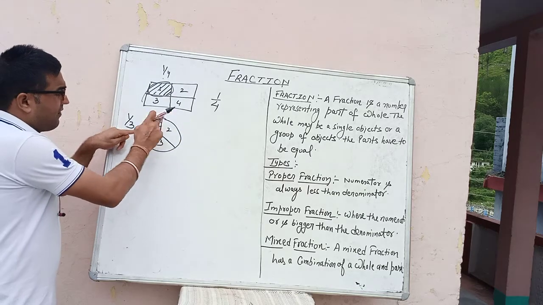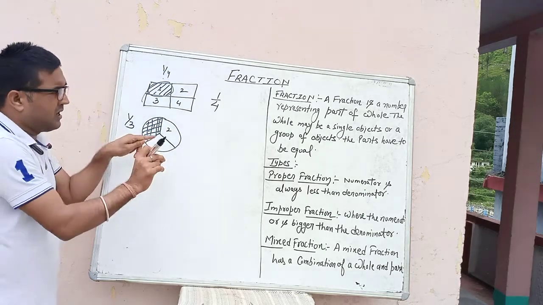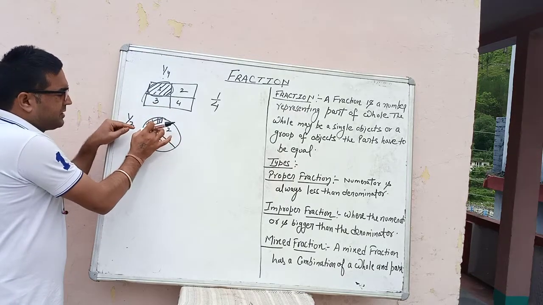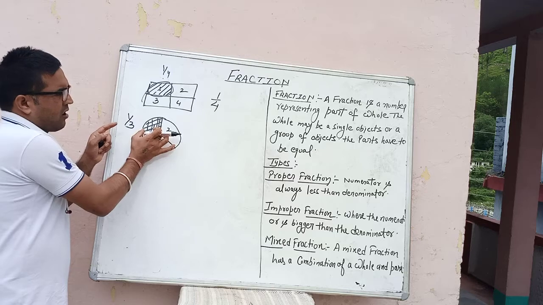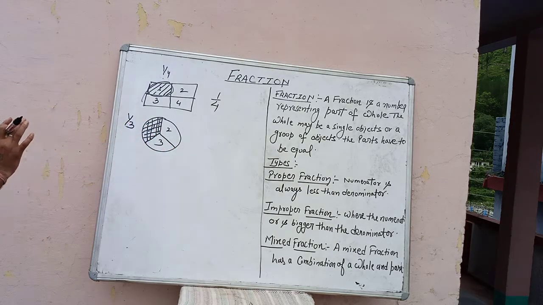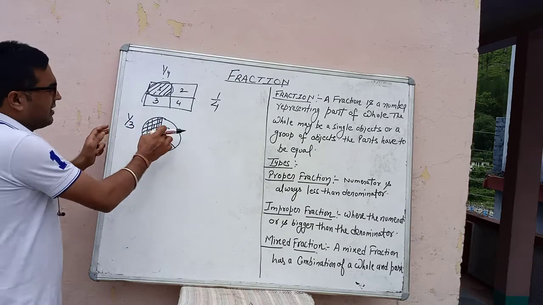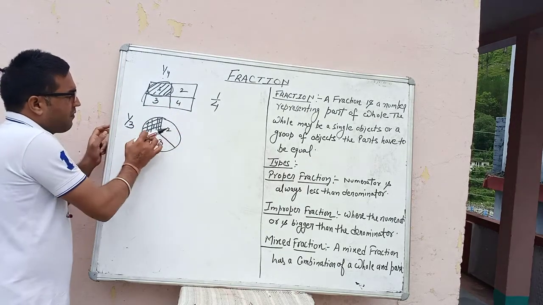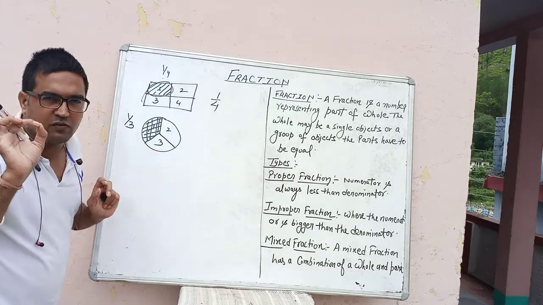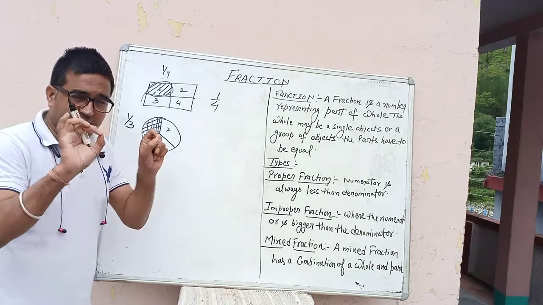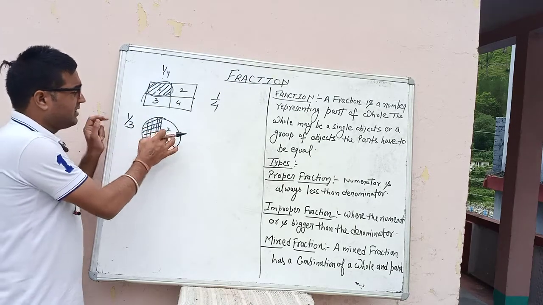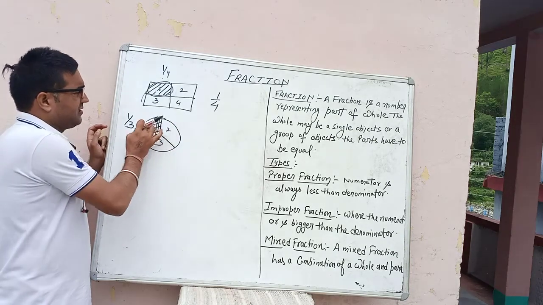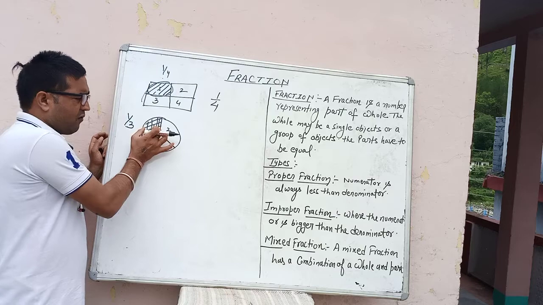So a fraction is a number representing the part of a whole, that is, the part with respect to the whole. So it is clear what we mean by a fraction.